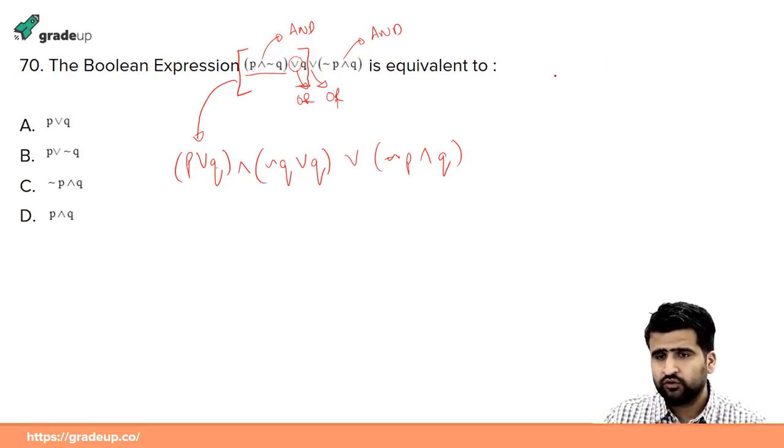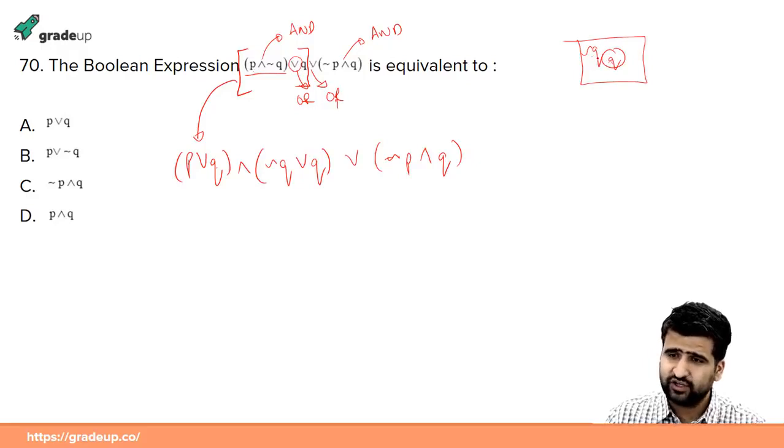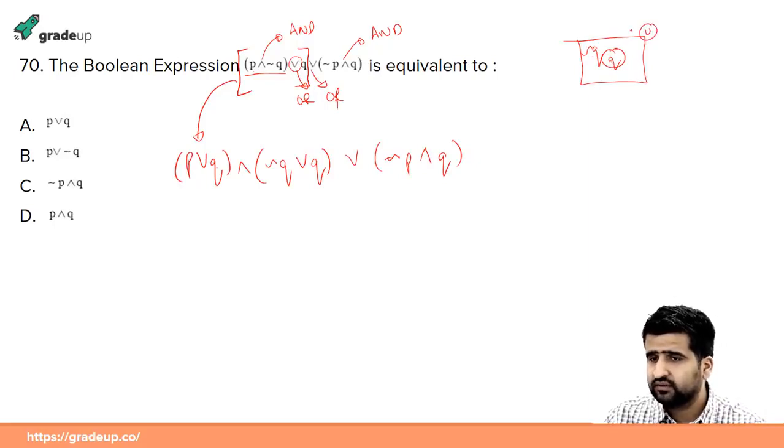So what do we mean by negation Q or Q? Let's say this is Q and the outside part is negation Q. So Q or negation Q gives you the whole universal set. In the language of sets, this will give you the whole universal set.